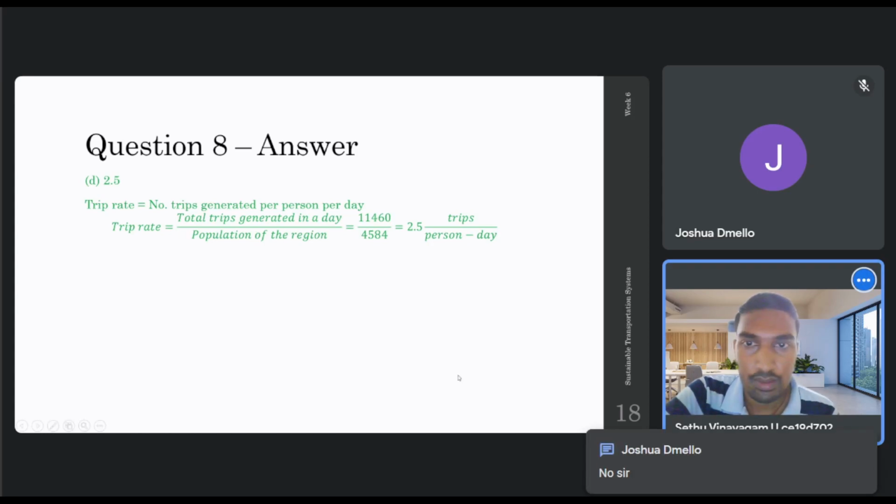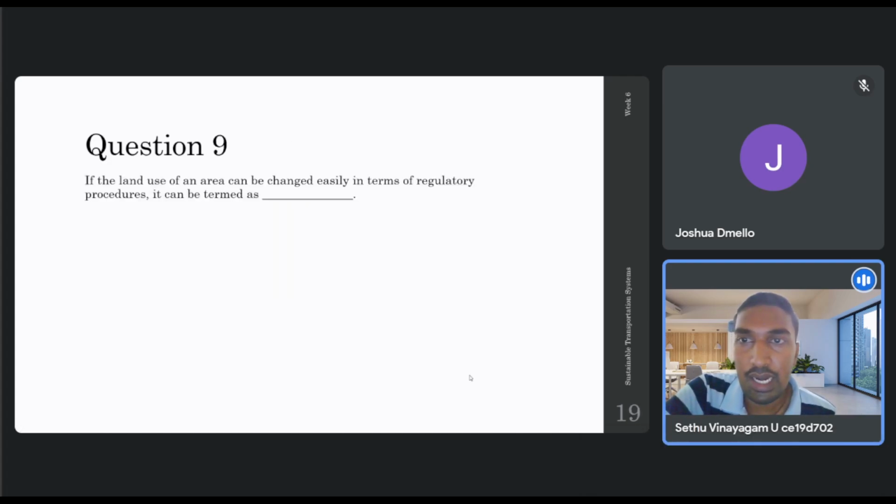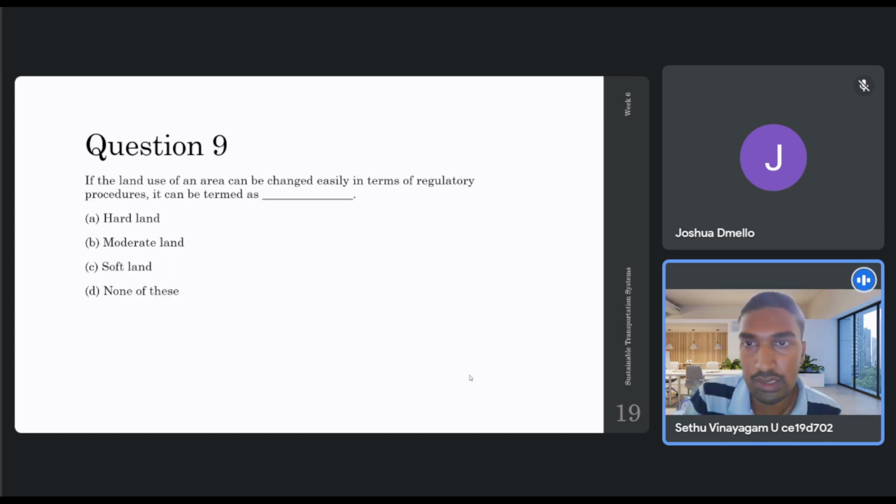Okay, moving on to question number 9: if the land use of an area can be changed easily in terms of regulatory procedures, it can be termed as dash. Option A, hard land. Option B, moderate land. Option C, soft land. And option D, none of these.